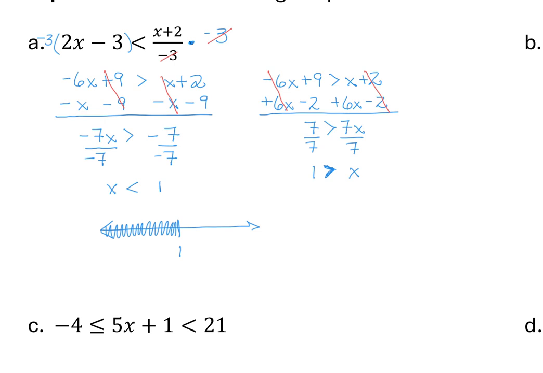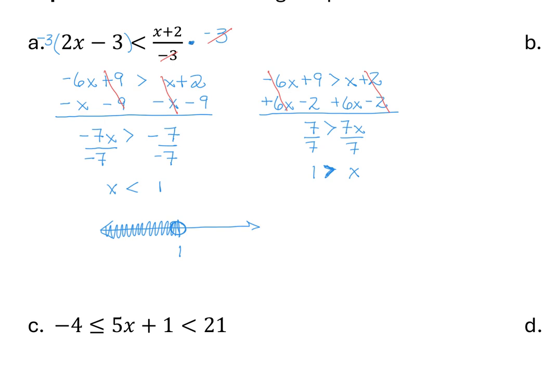The other thing we need with our graph is we need to shade, and we also need to indicate what happens at 1. Is it included or not? Now, you can go the old school notation, and the old school notation uses either closed circles or open circles. We'll be playing around with those a little bit later this semester.